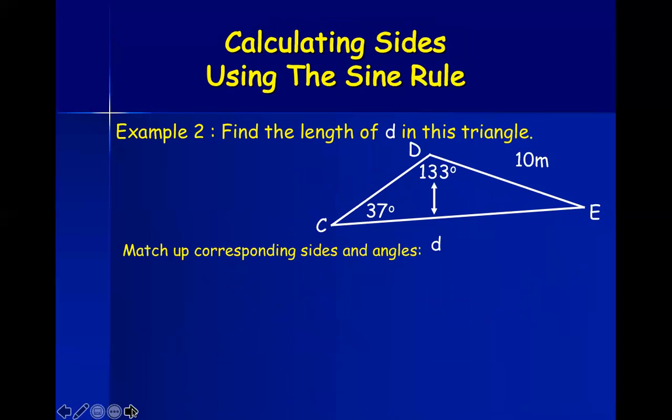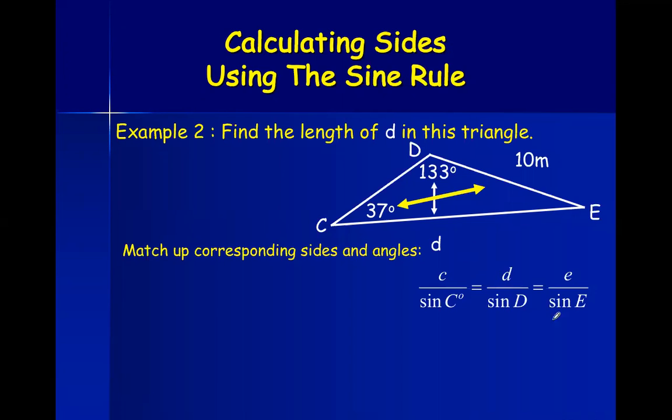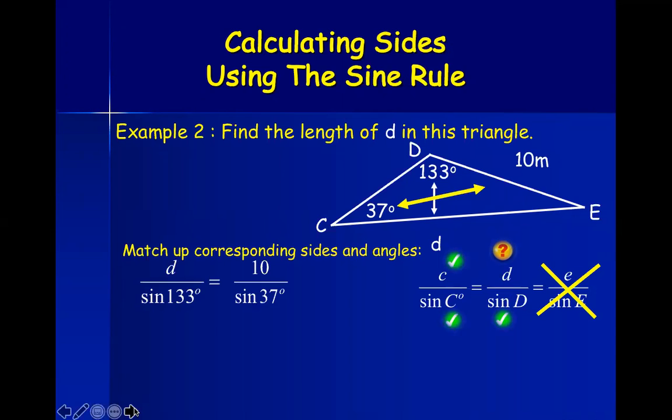I've got D and sine D, and I've got small c and sine C. If you were to write all this, D over sine D, which one are we going to use? We're just going to get rid of the E because we've got nothing about E. We don't have the side opposite to that angle. So get rid of that. Start writing down what we've got.